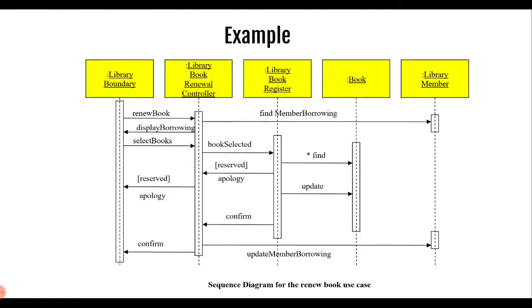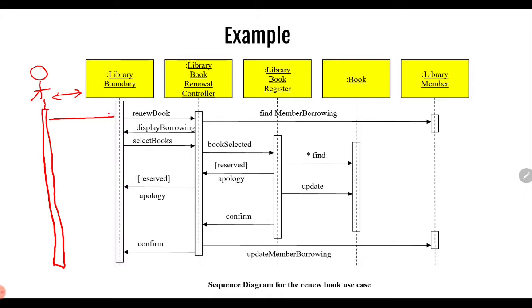So this is a typical example of a sequence diagram, and since the actor is not here, we can always represent the actor here, and this actor will be active throughout the interactions. This is something similar to the library boundary, but this actor will remain outside the library boundary.